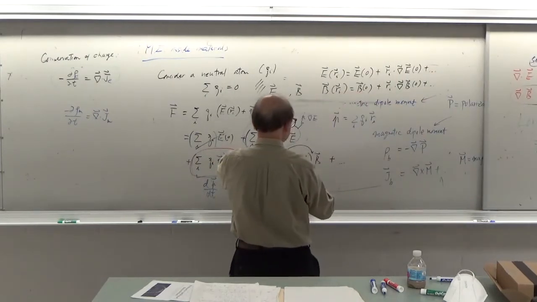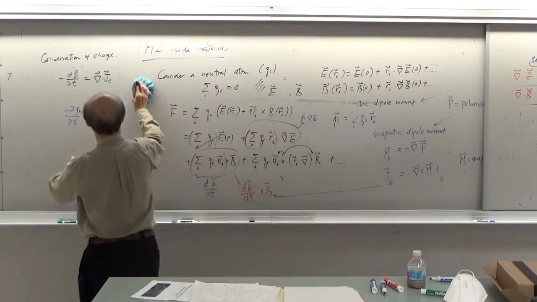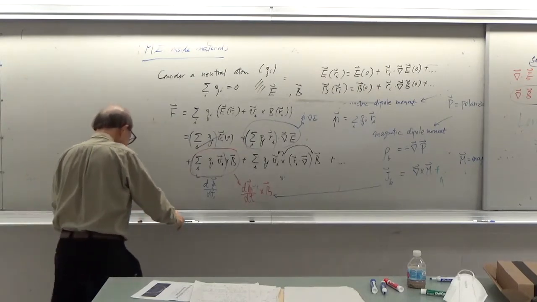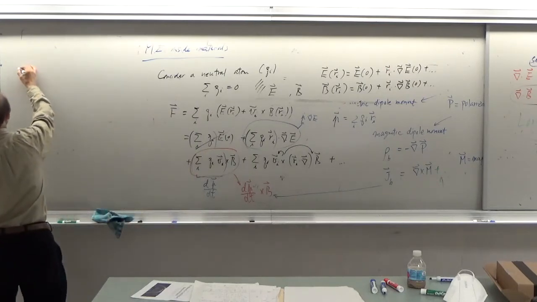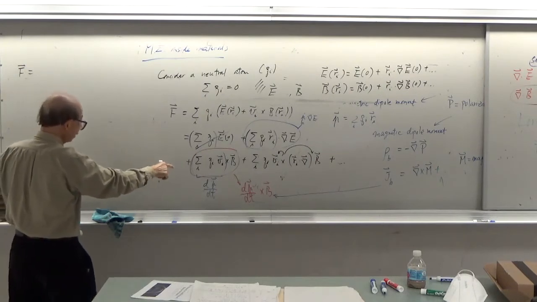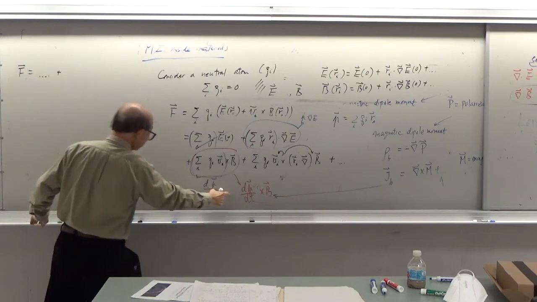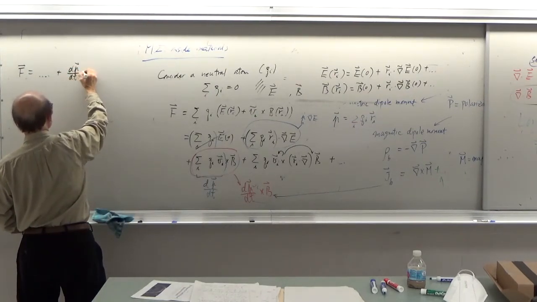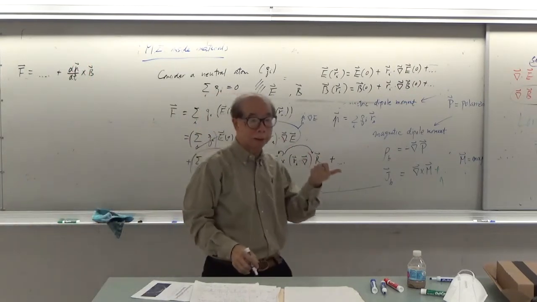And let me continue here. Okay, let's assume that we have found all the other terms. So the force acting on an atom is given by those terms, plus this term. This is a force acting on one atom.